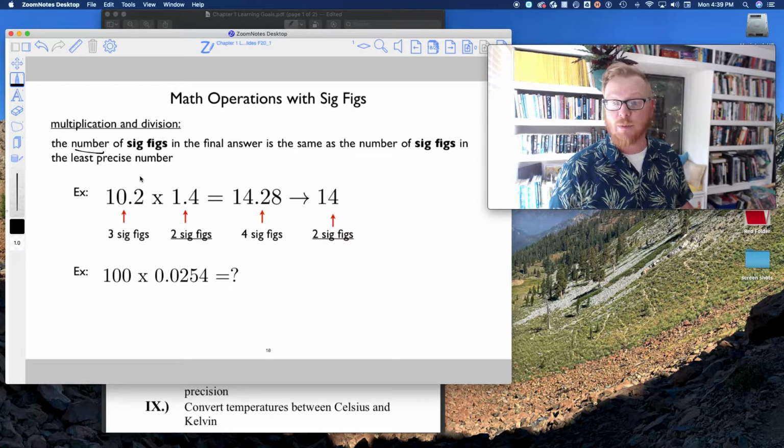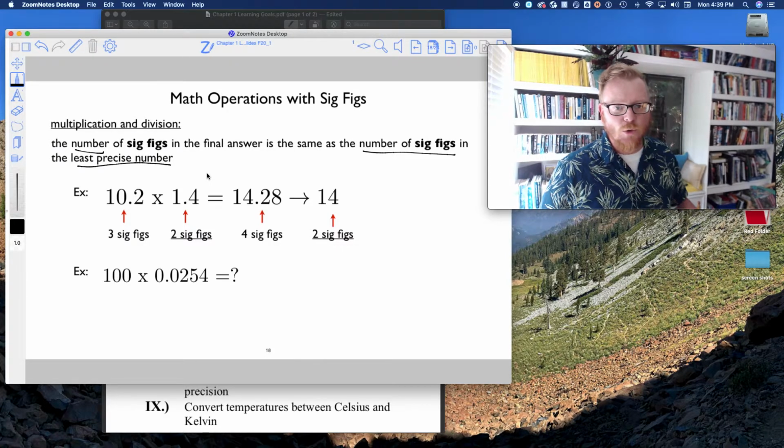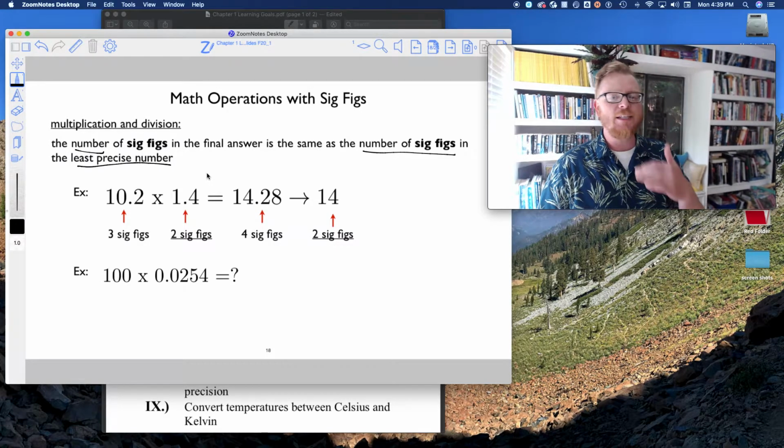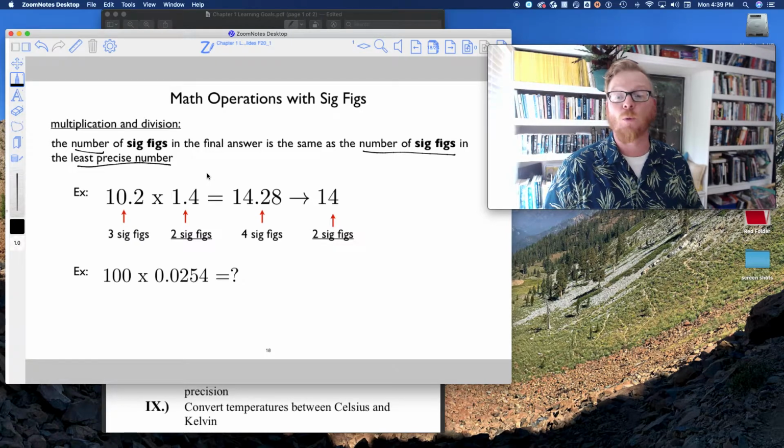We've got to count them up just like we said in the rule. The number of sig figs in the final answer is the same as the number of sig figs in the least precise number. So what does that mean? Well, the least precise number is the number with the least amount of sig figs.